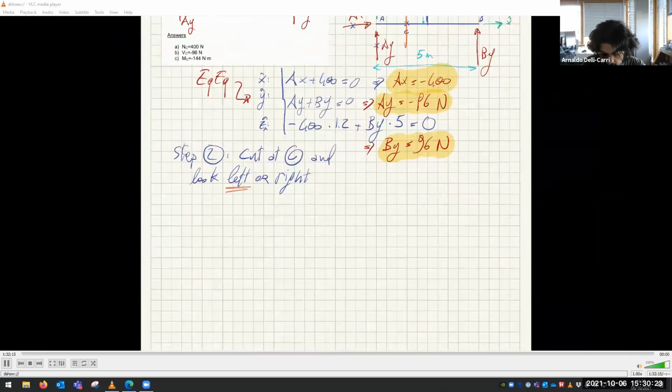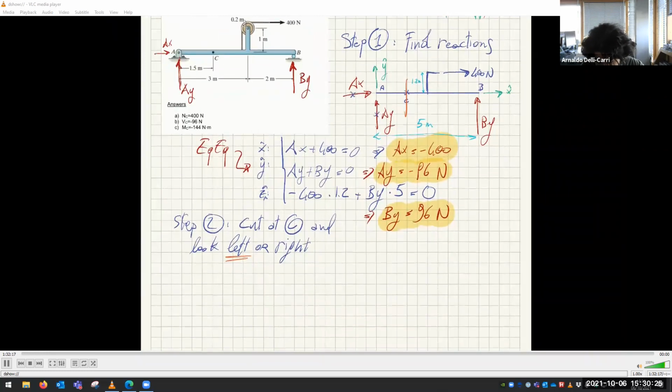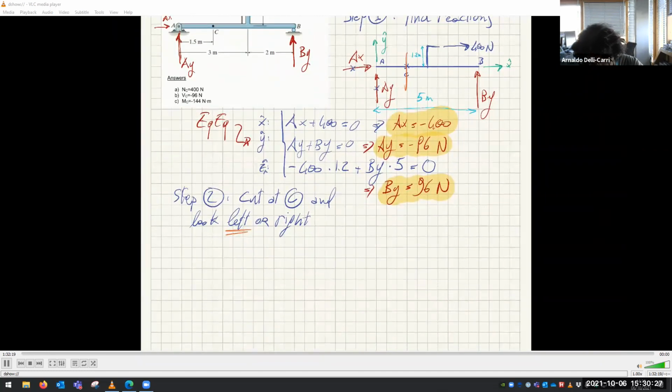So we are looking left. That means I have to draw whatever is on the left of C. So this is the beam, the chunk of beam that is left of C. And then we have AY is minus 96, so that means it's going down 96.